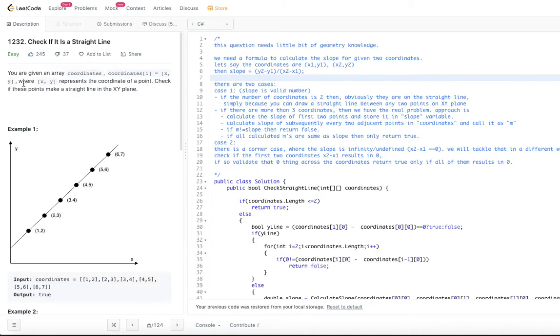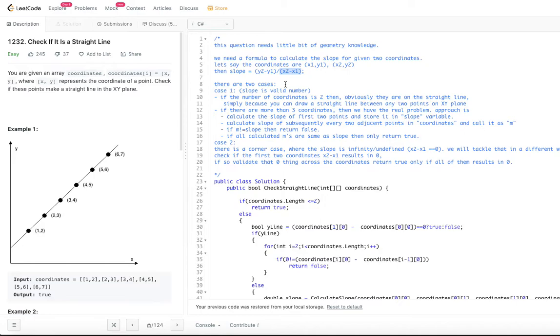Two coordinates x1 y1 and x2 y2, if those are the coordinates, how to calculate the slope? So here I have the formula to calculate the slope for given 2 points. Let's say the 2 points are x1 y1 and x2 y2, as I noted down on the right side. So the slope is (y2 minus y1) divided by (x2 minus x1). That is the formula that we are going to use for solving this problem, okay?